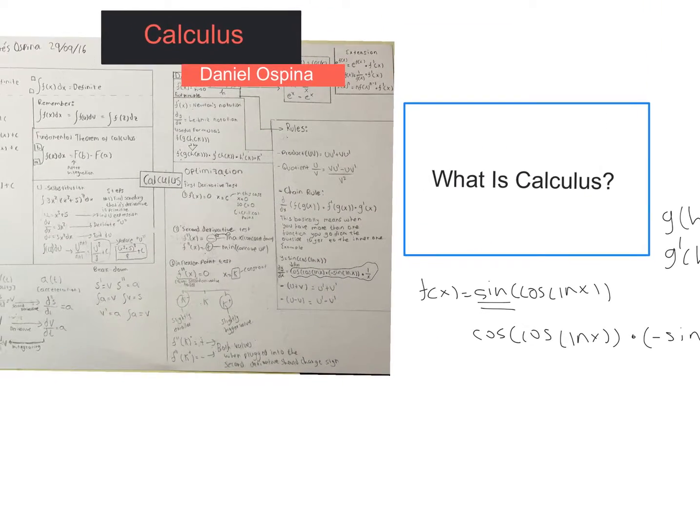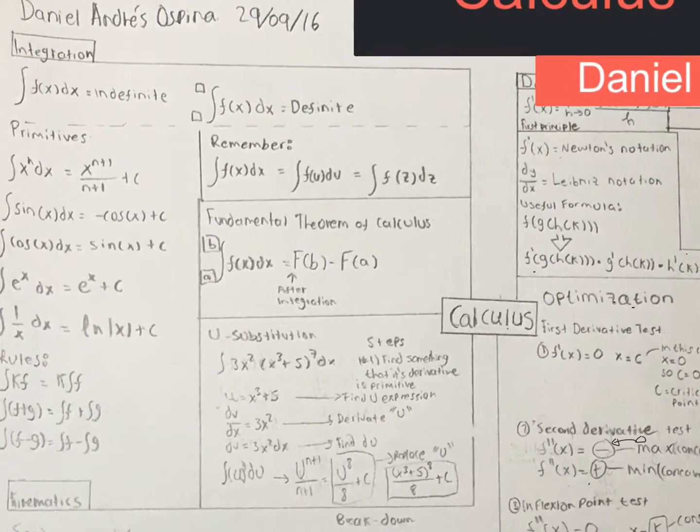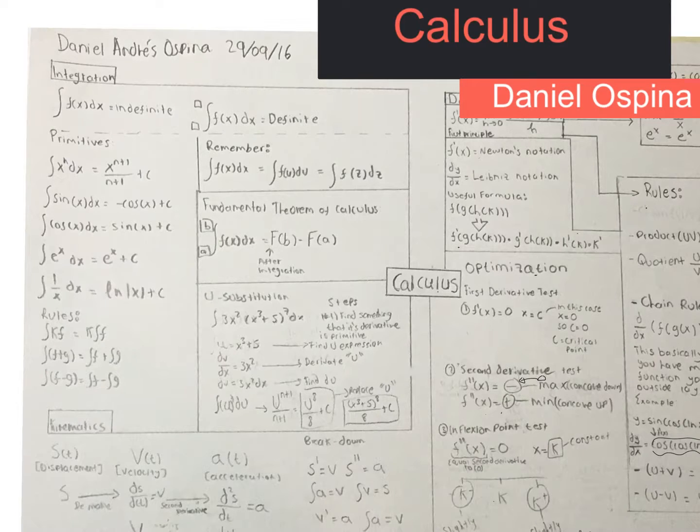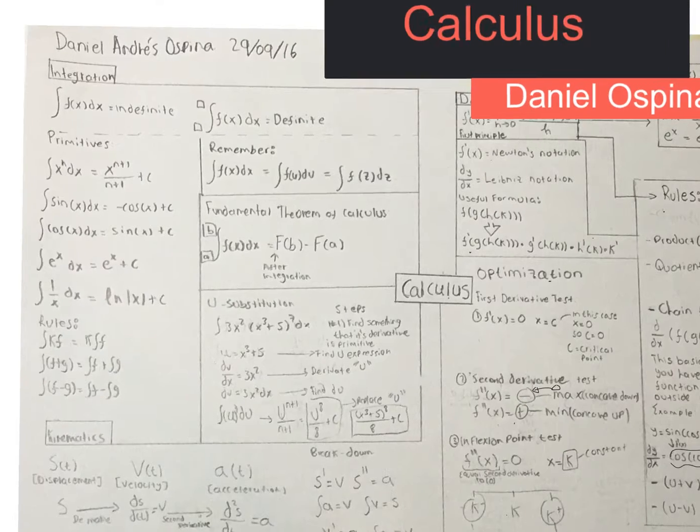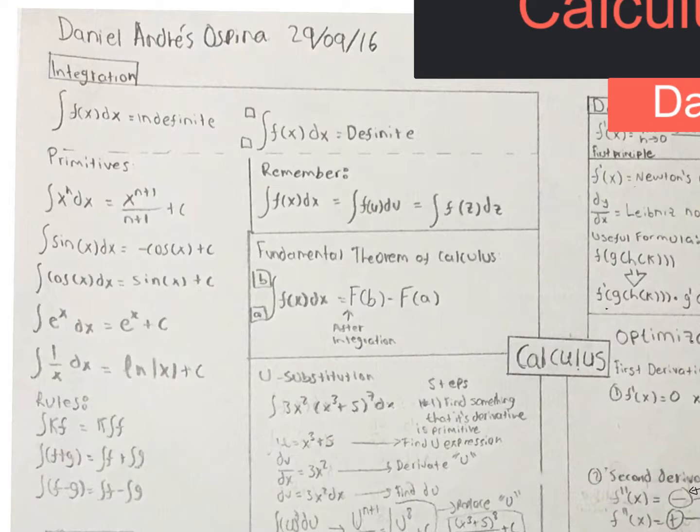Now let's go to integration. So integration first, let's define it as the opposite of derivation. When we integrate something in maths, usually it's done to find the area under a curve, but it has many more applications. It can help us do the inverse application of derivation. So we have indefinite integrals and definite integrals.